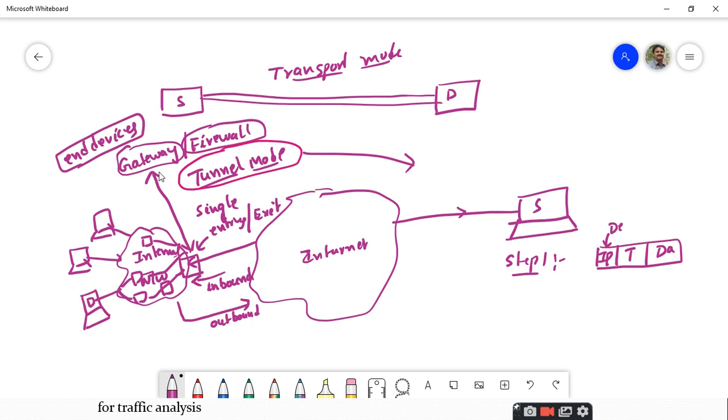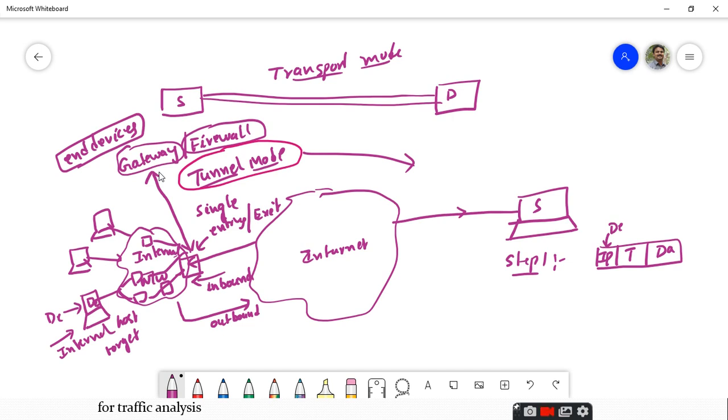So the source S prepares the inner IP packet with the destination address DE of the target internal host. The IP address is DE, and that DE is included inside the inner IP packet.